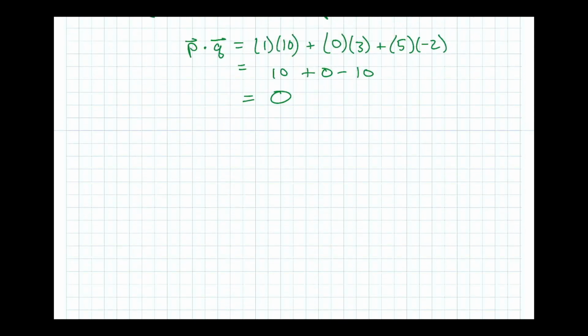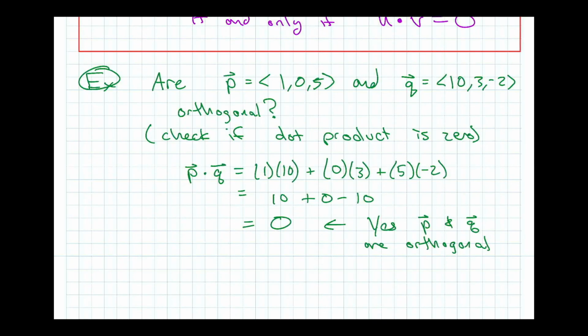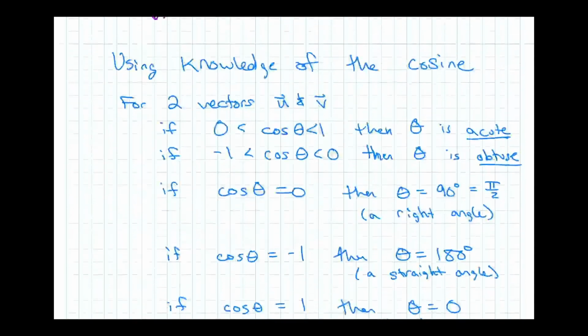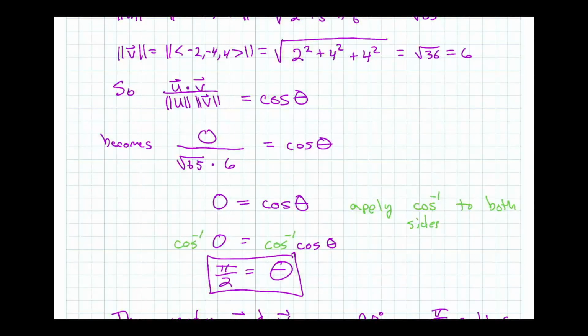So P and Q are orthogonal. Easy as that. So the angle between them is 90 degrees. And you didn't have to calculate the magnitude of them or anything, because if the top is 0, the angle is automatically 90 degrees.